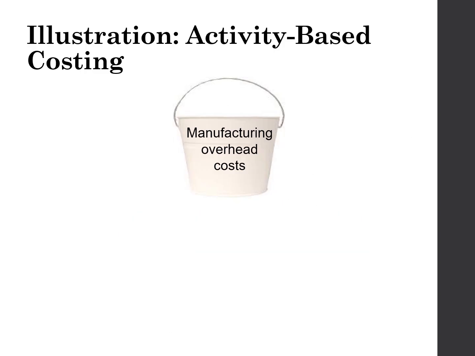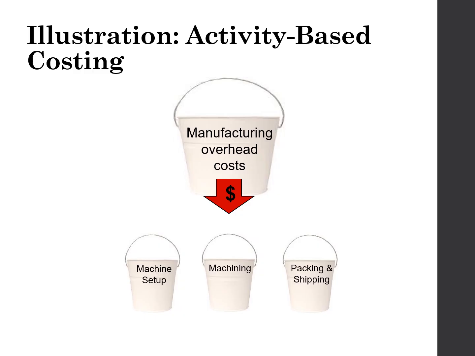In ABC, we identify activity cost pools. I like to think of an activity cost pool as a bucket in which costs are accumulated. In this example, we identified 3 cost pools. Next, we allocate overhead to each cost pool.